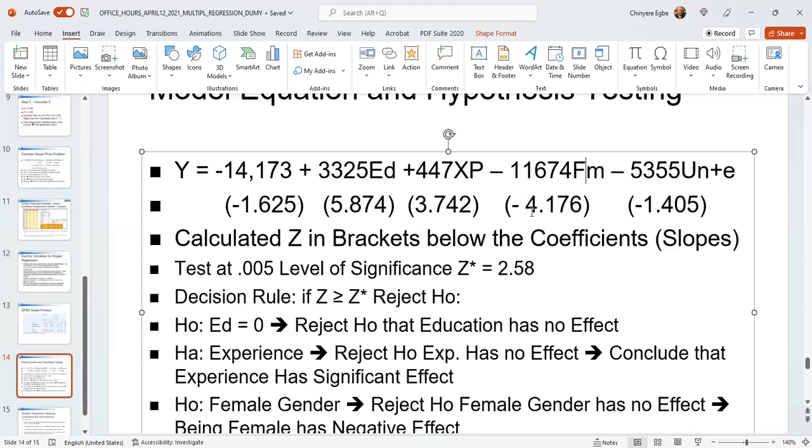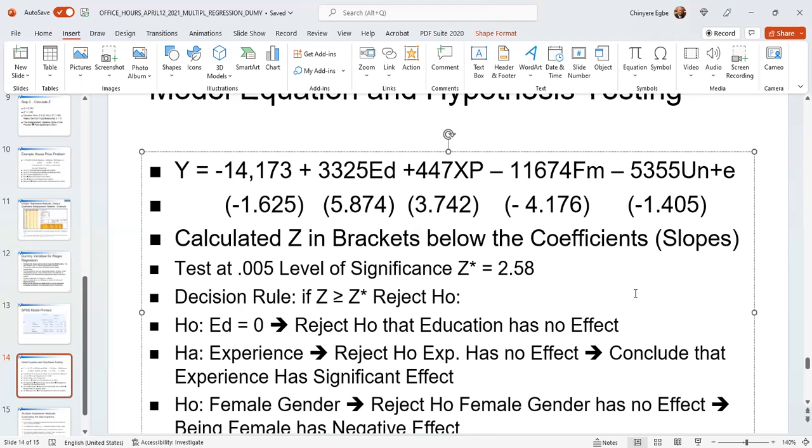Now, how about belonging to union? You can see that prima facie, it says that belonging to union has a negative impact. But you also see that if you compare the absolute value of the Z value of 1.405, then you are not able to reject the null hypothesis that unionization has no impact.